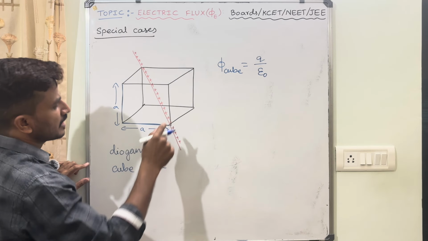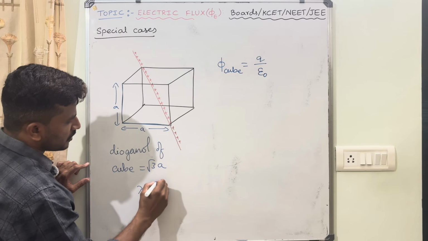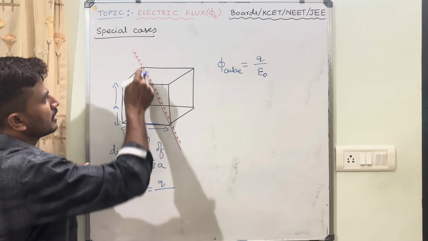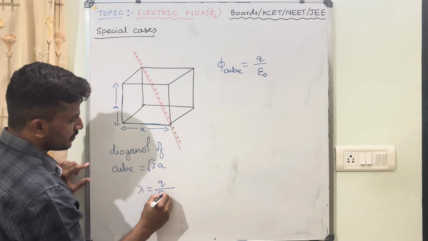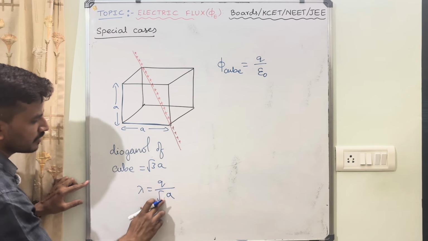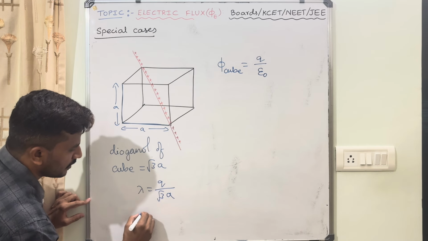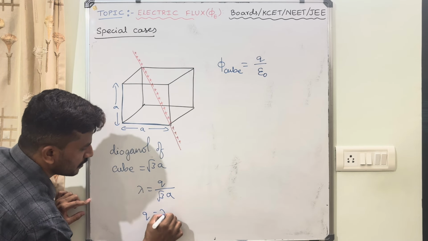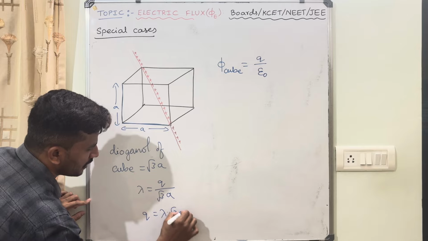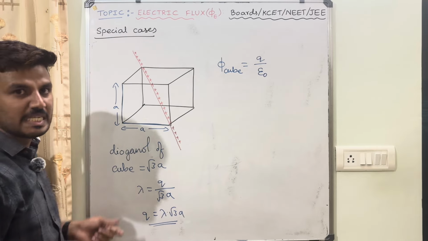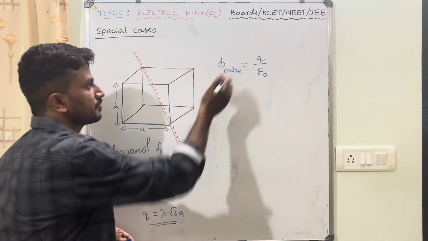So we have studied that linear charge density is given by charge per unit length. Here the length, the diagonal, is root 3 A. Q is equal to lambda into root 3 A. Substitute this here.